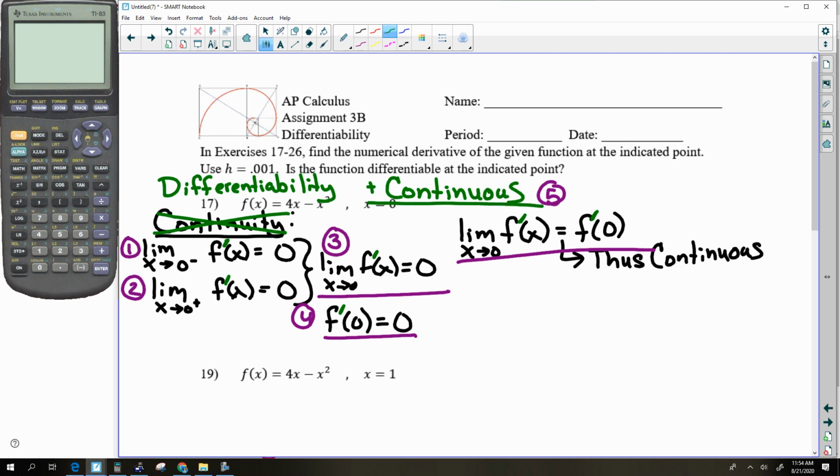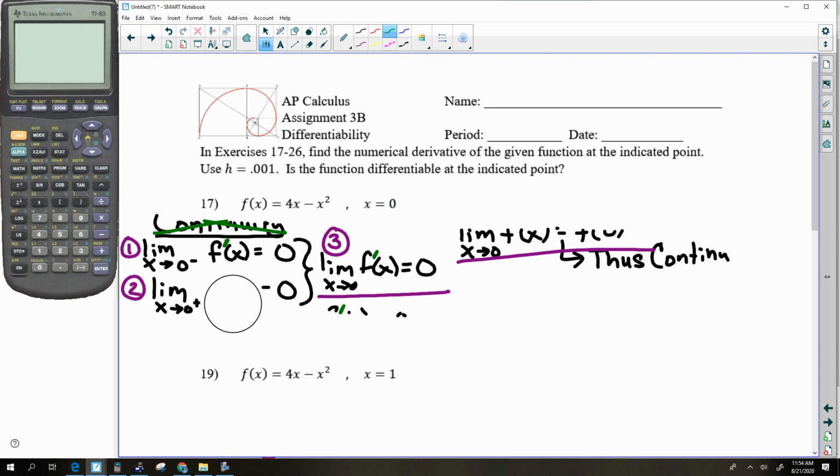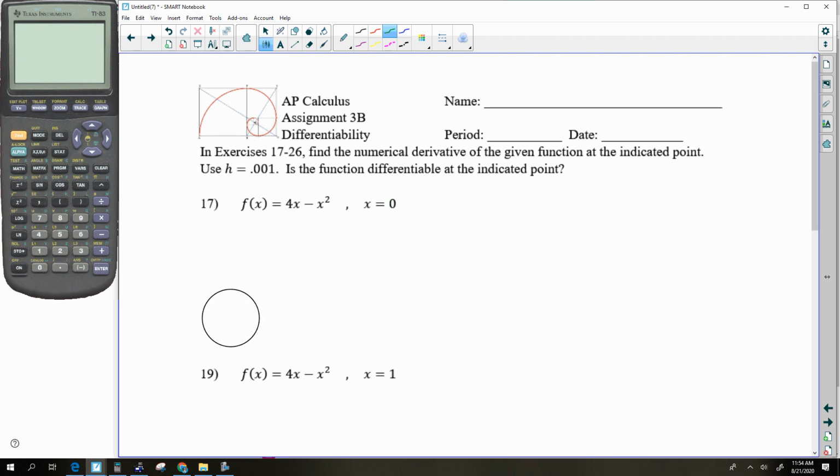It has to be continuous, and then you can go ahead and do the differentiability test. I think that's what they're asking us to do here. So with that being said, I'm just going to assume that this is already continuous.